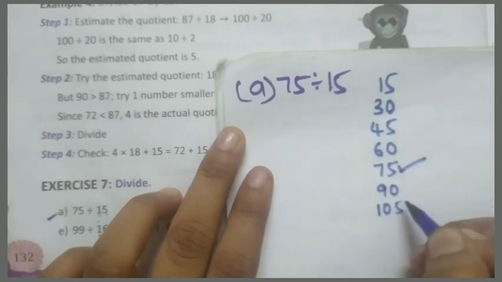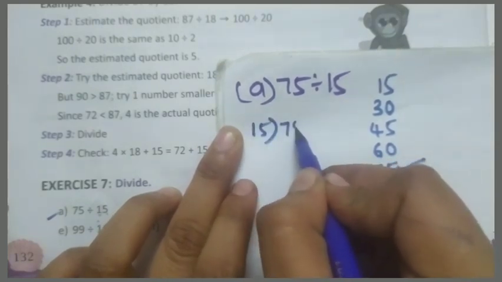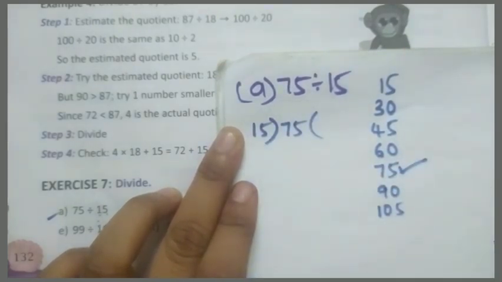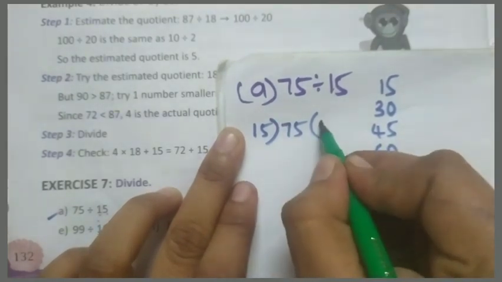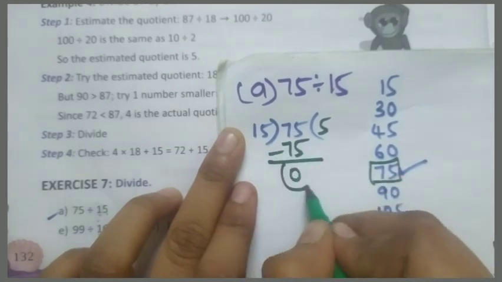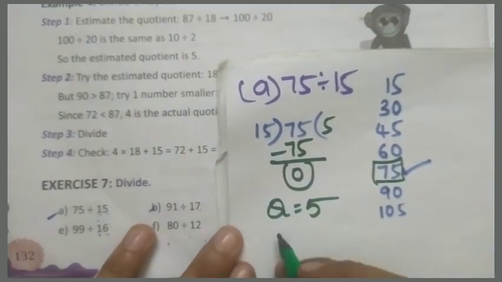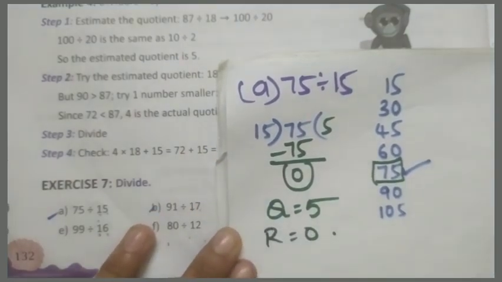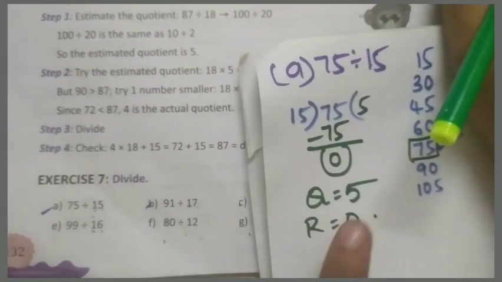Here we got 75, so no need of writing further. 15 fives are 75. 75 minus 75 is 0. Quotient is 5, remainder is 0. This is the direct way. Do all these problems like this only.